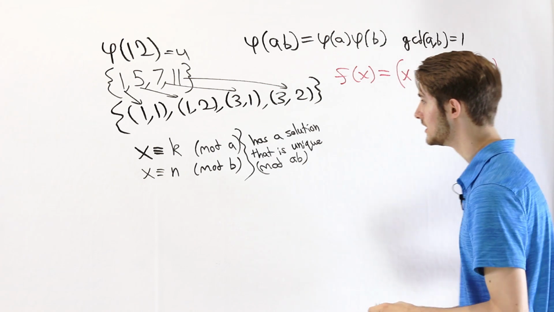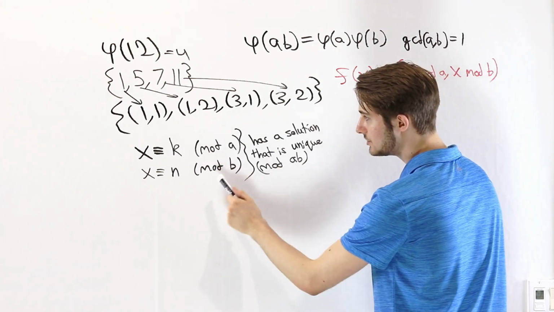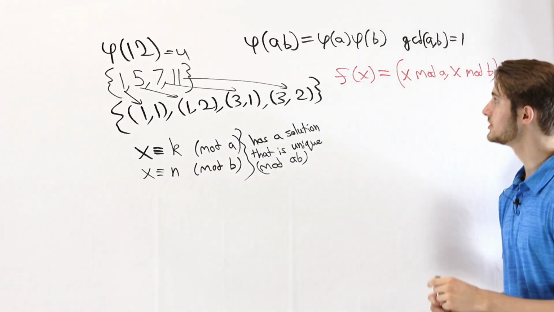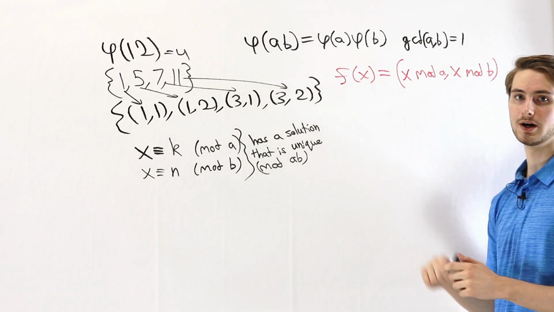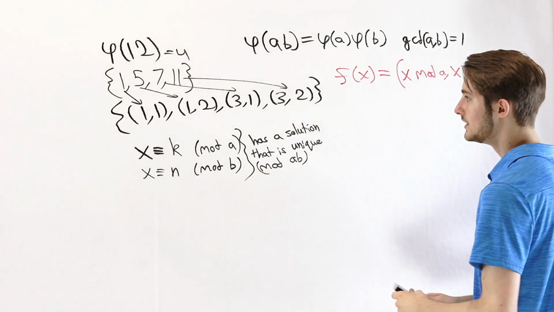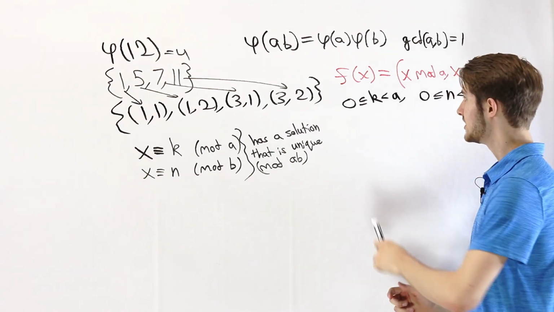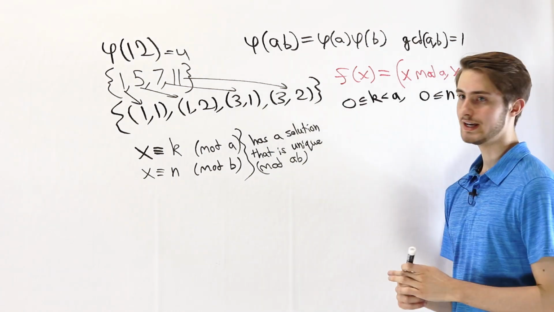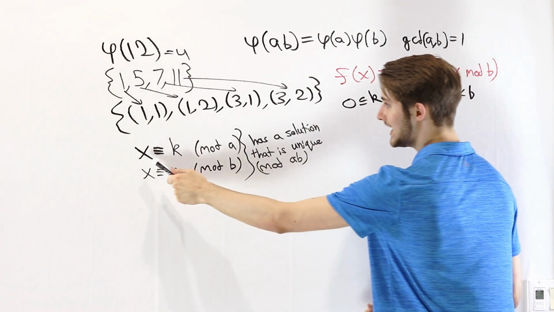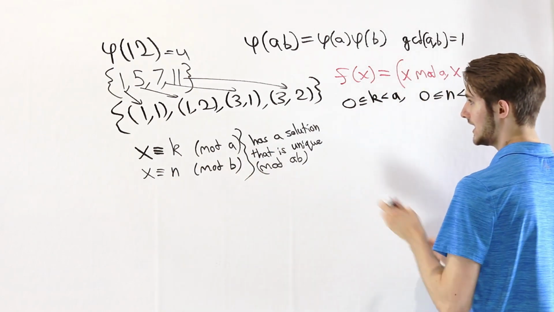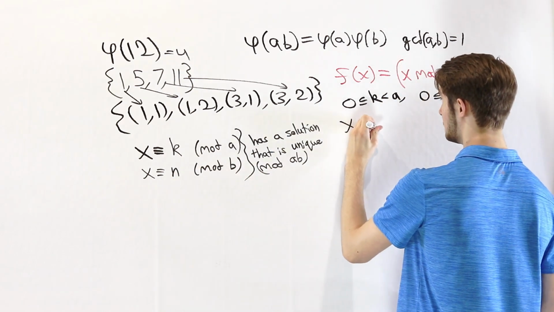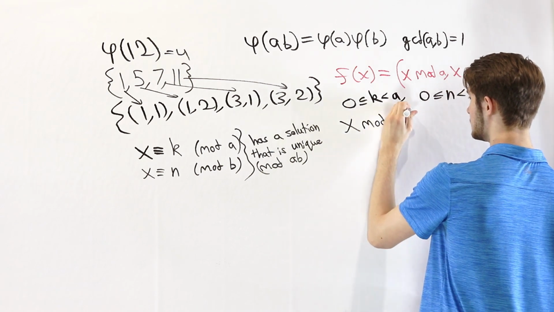In order to do that, we want to rewrite these two congruences in terms of reducing a number mod A and mod B. If x is congruent to k mod A, and we also say that k is between 0 and A, then we can write x congruent to k mod A as x mod A equals k.